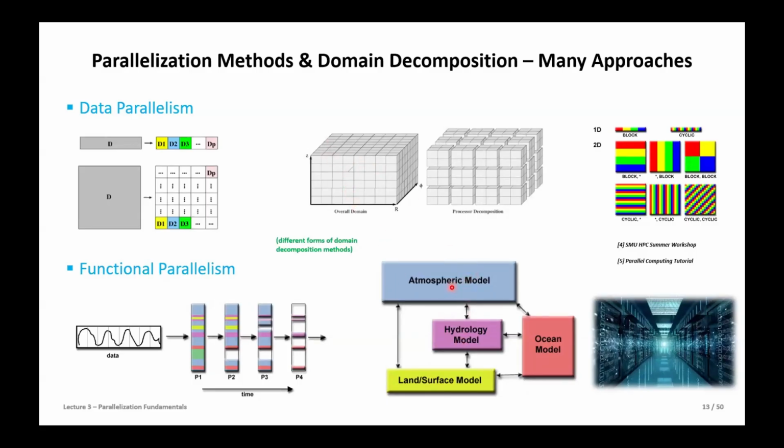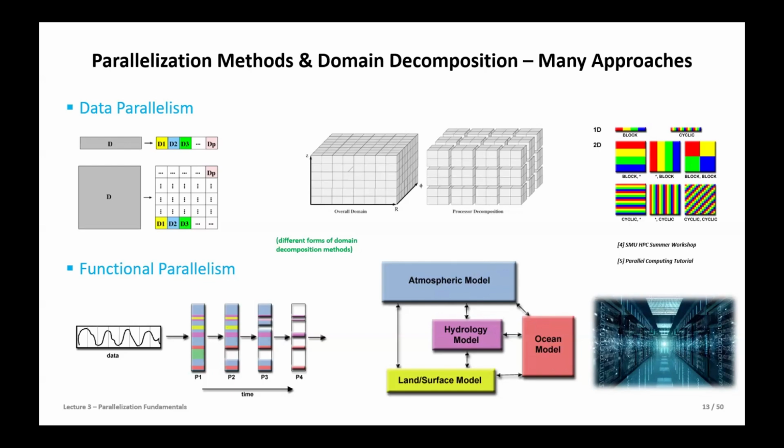But here we talk about functional parallelism, where this is all physics about atmospheric levels, hydrological levels, and then the land surface, how we interact with the Earth and with the ocean. Each of them has different physics to solve, but you see in the arrows, and this is again the important part, they interact. So maybe they don't run one big simulation, but rather very small parts in different areas of physics that need to be combined to get the complete picture.